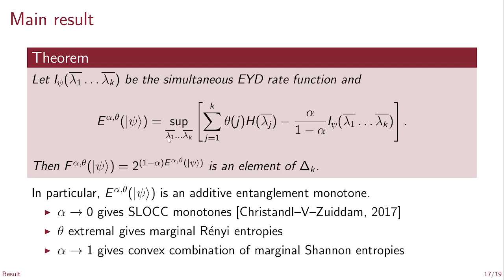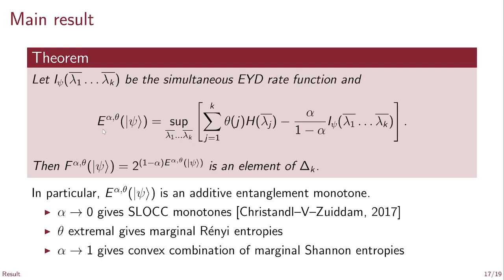So we take the supremum of a convex combination of the entropies minus a term that penalizes everything that's not the collection of the marginal spectra of the state, and we are allowed to tune this penalty parameter. And then we just take the supremum over all these marginal spectra, or estimates for marginal spectra. So these are non-increasingly ordered probability distributions.